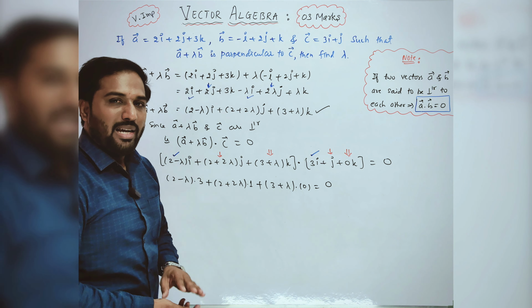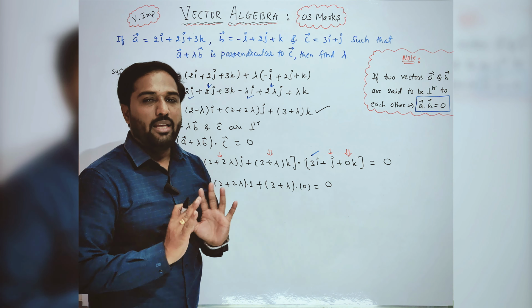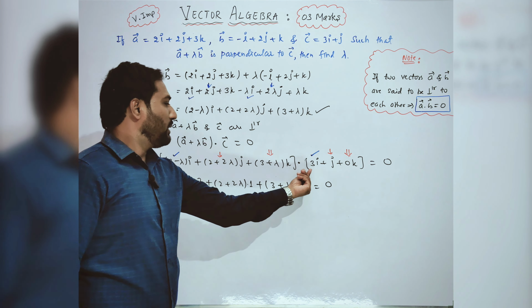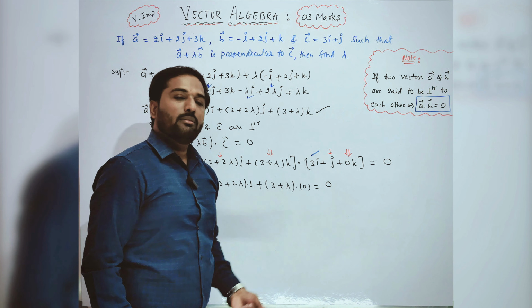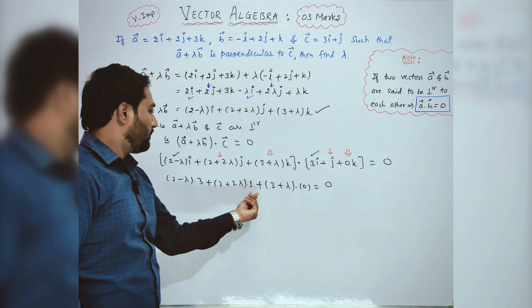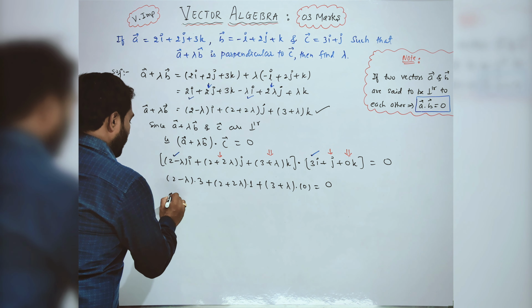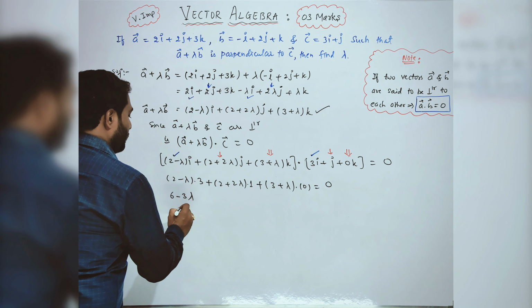Is it simple? Multiplying i with i, j with j, k with k, adding in between. Here you can see, isn't it? Just simplify. So what does it become? 2 into 3 is 6 minus 3 lambda. Just multiplication.